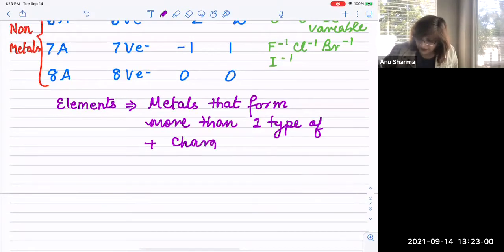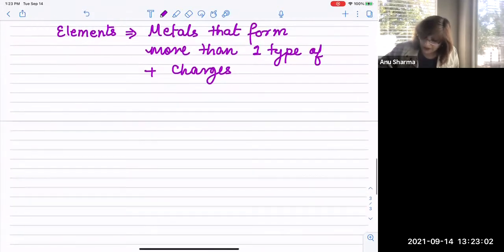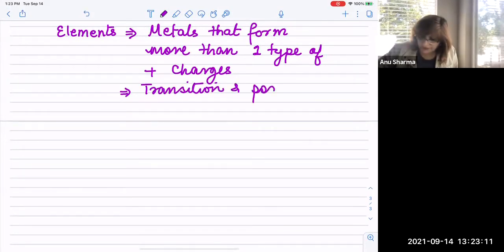Now, these are, as we said, the transition elements and post-transition elements. Okay, post-transition.